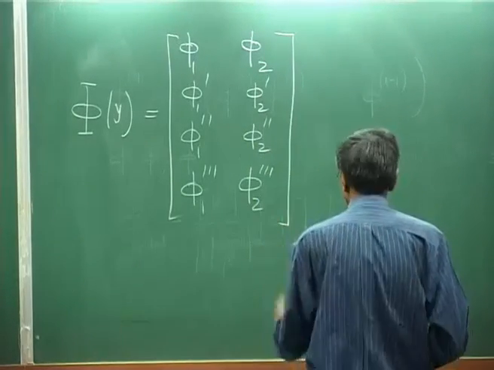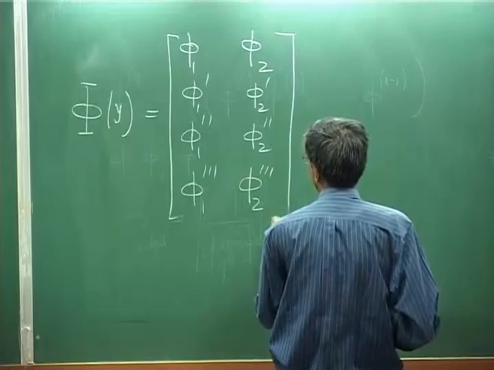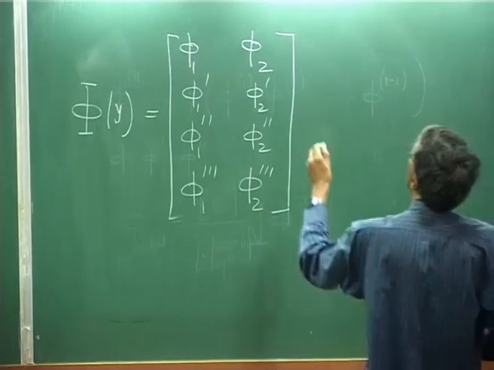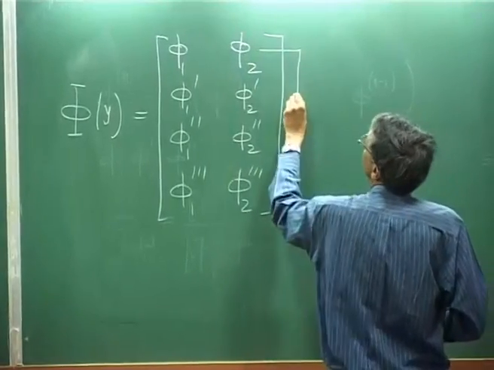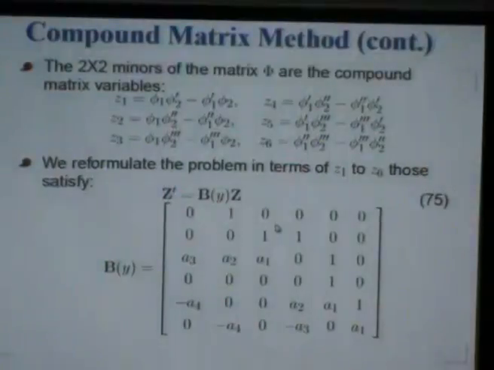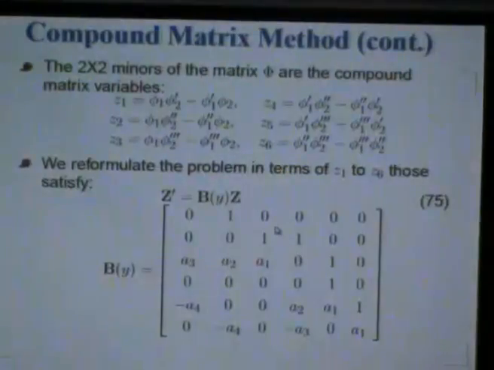So, this method that we are talking about is called the compound matrix method, and in the compound matrix method we form the compound. Let us say, for example, we take these 2 rows, that will give you this variable z1, phi 1 phi 2 prime minus phi 1 prime phi 2.